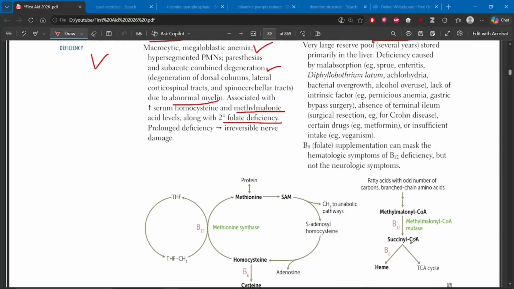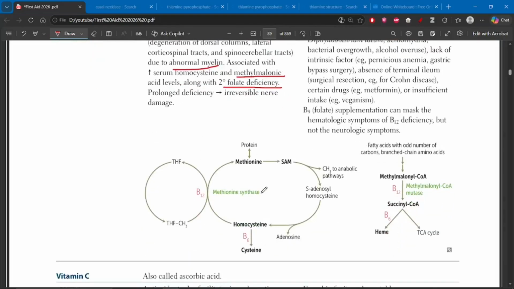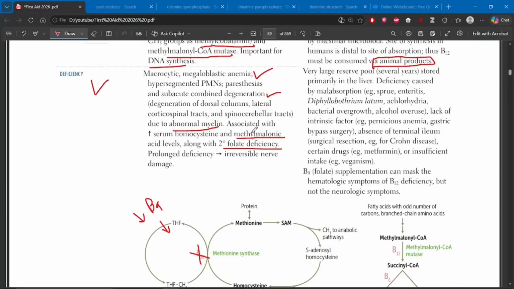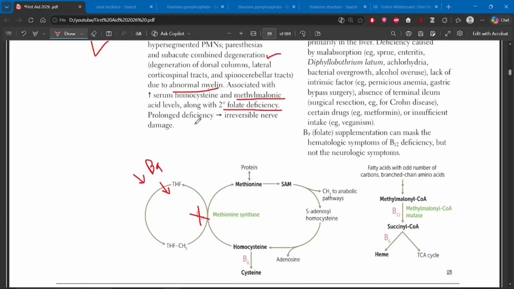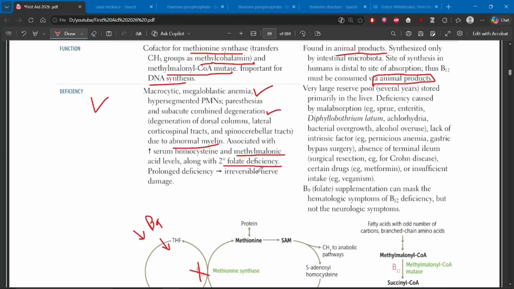Obviously, when B12 is stuck, folate cannot form tetrahydrofolate. So if vitamin B12 is not there, THF is not formed, and THF decreases. So it can cause B9 deficiency as well. These two are connected in this way. However, prolonged deficiency can lead to irreversible nerve damage.